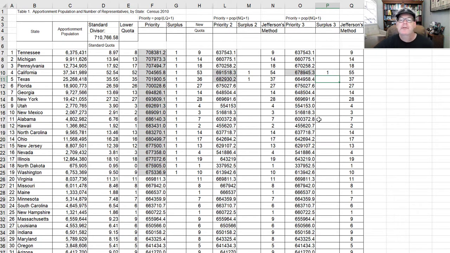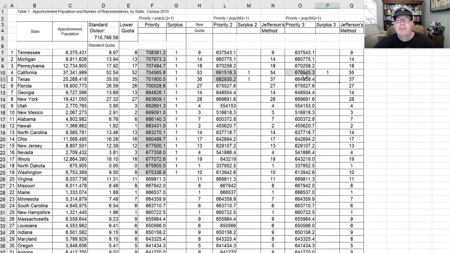Let's just double check that, right? So California is the next highest, 6, 7, 8. Because, I mean, there's nobody else, yeah. Florida almost would have gotten it, but no. Well, I guess I can look here.